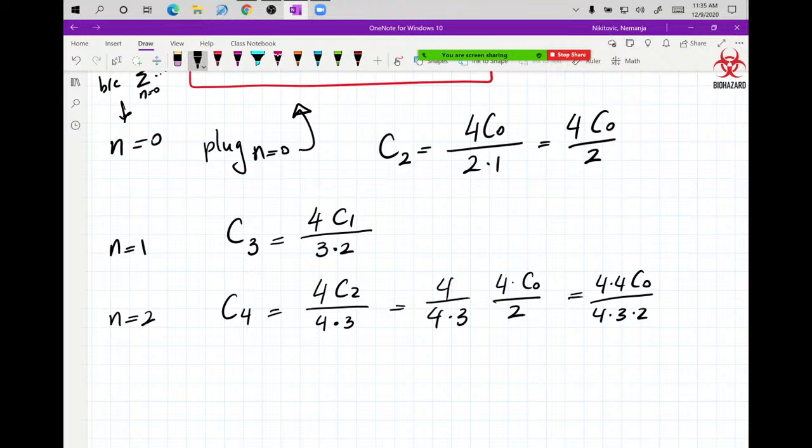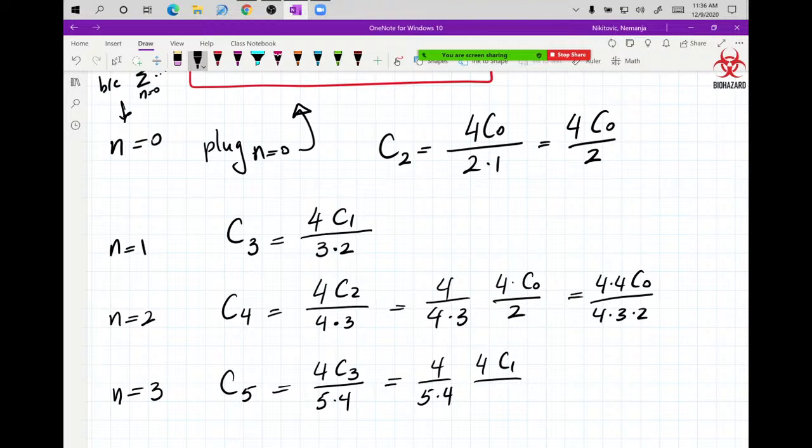How about n equals 3? I said, well, let's go to 5 and see what we get. So C5, that's 3, 4, 5, it's going to be 4C3 over 5 times 4. Again, I'm not going to cancel anything, but now I have my C3, and that's 4C1 over 3 times 2.